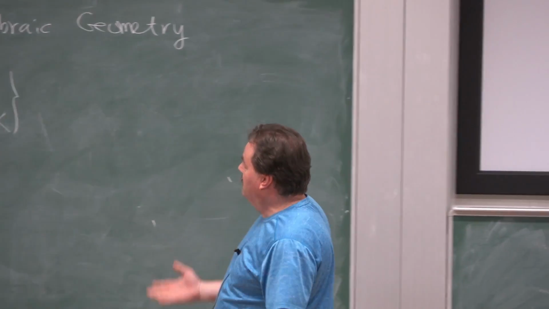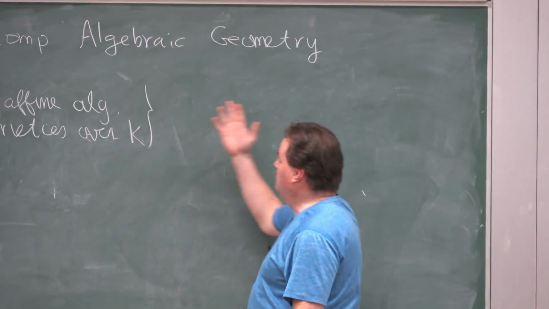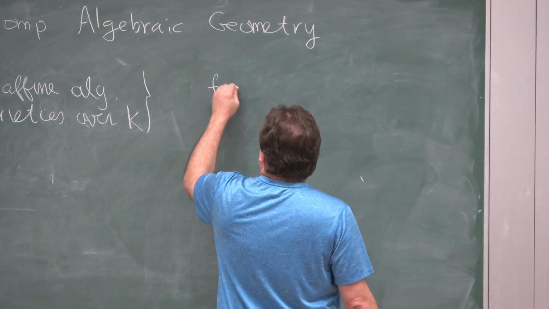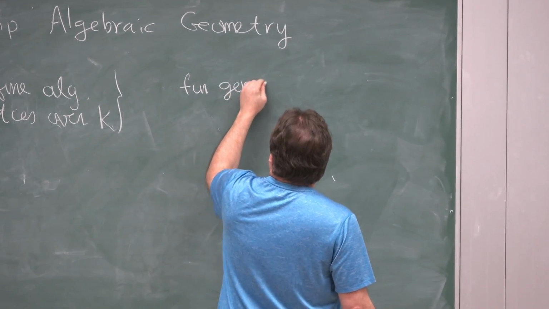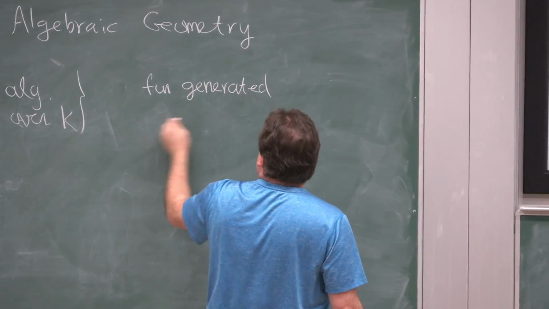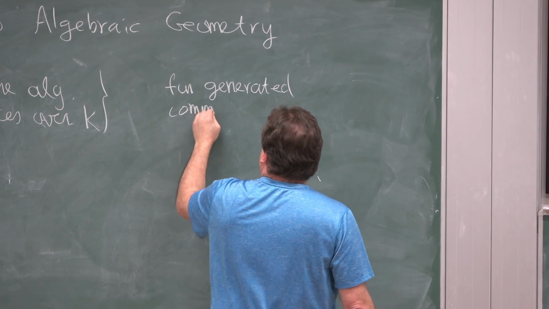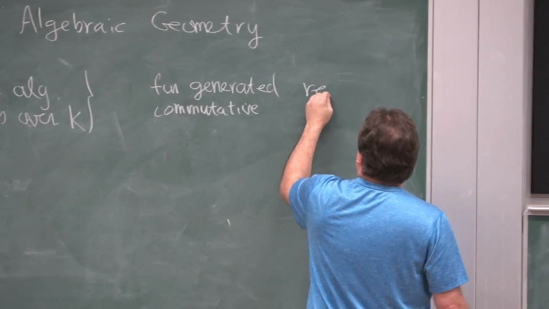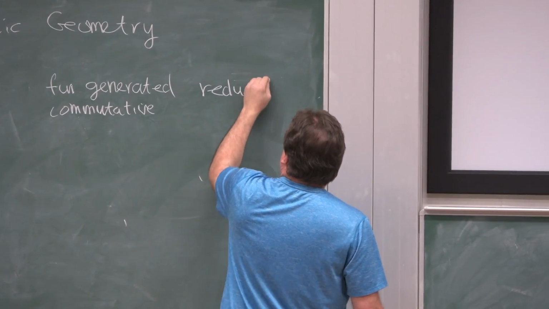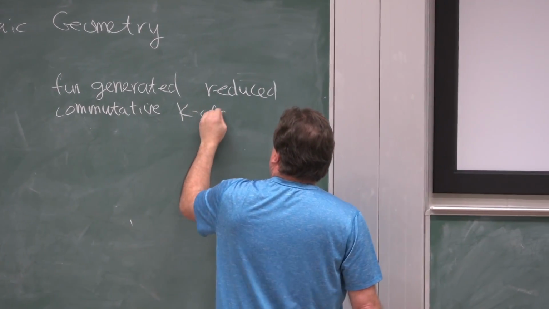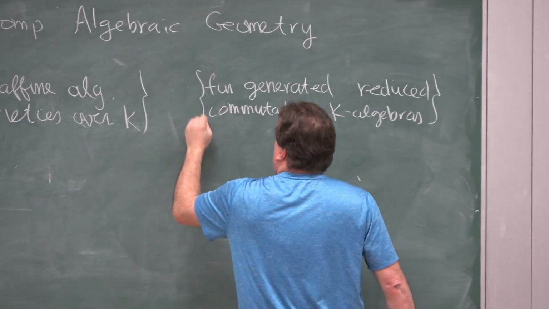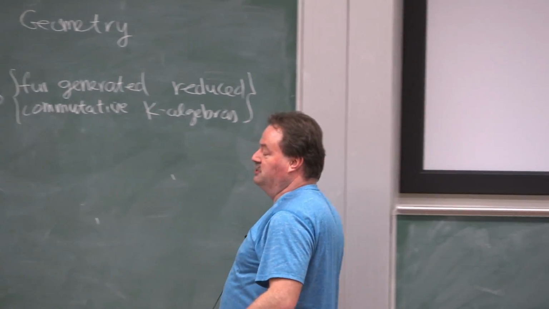And of course, we have an equivalence of this category with the category of, say, finitely generated commutative, and let's say also reduced K algebras. So we have an equivalence of categories or correspondence.